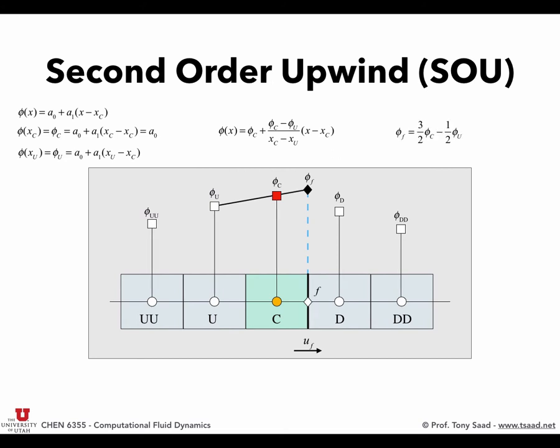For a uniform grid, you get phi at the face equal to 3 over 2 phi upwind minus 1 over 2 phi far upwind. So keep this in mind. This is phi upwind and phi far upwind. If the velocity changes, then phi c is going to be this guy minus 1 over 2 that guy. So that gives you second order upwind.